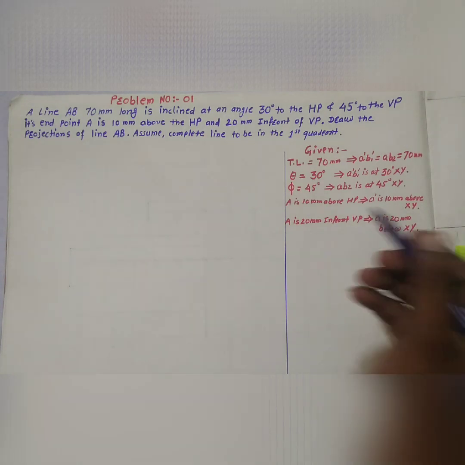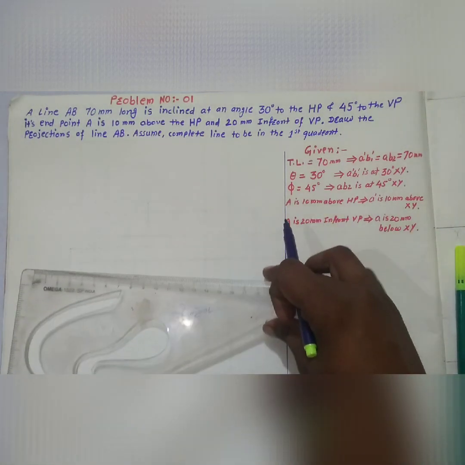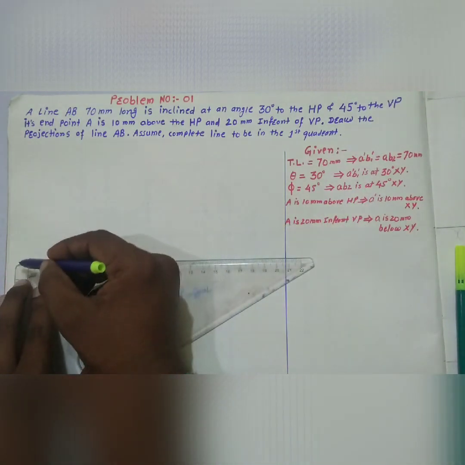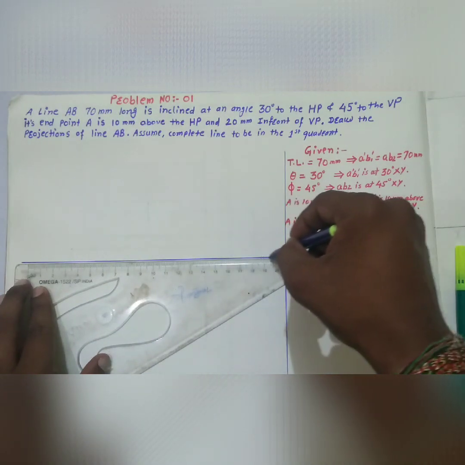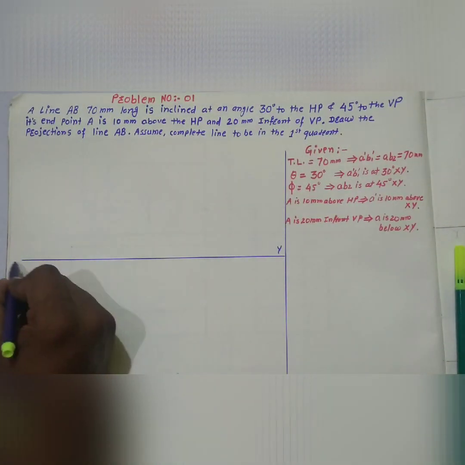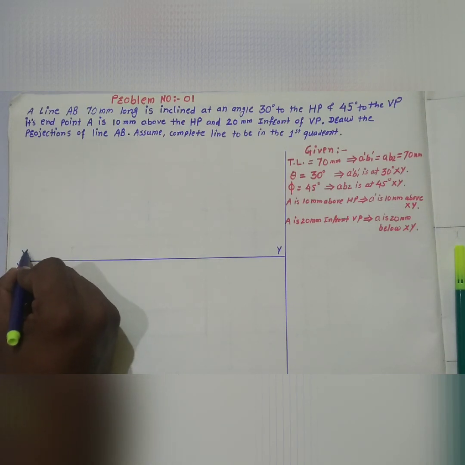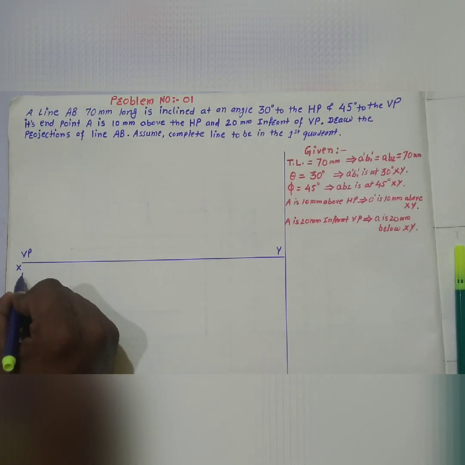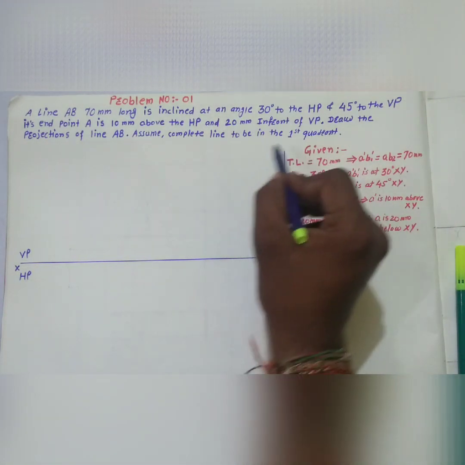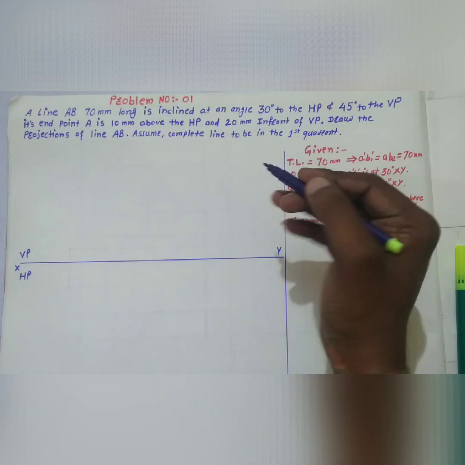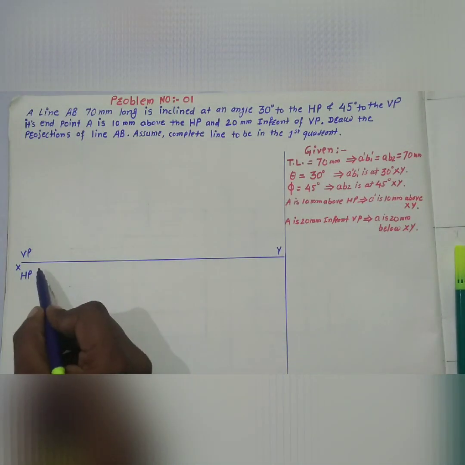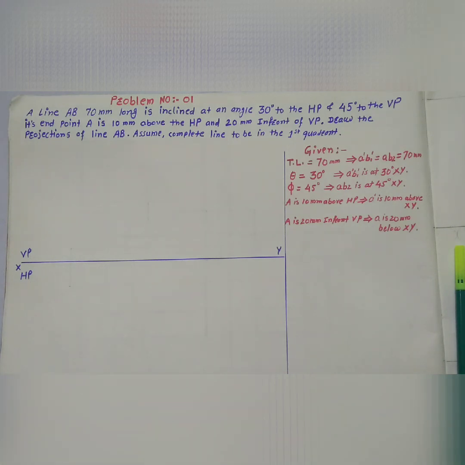First we have to draw this 10 mm distance. I am drawing my XY line first. This is Y and X. This is the vertical plane VP and HP, because we have to consider the total line in the first quadrant only, and in the first quadrant the vertical plane is above the XY line and HP is below the XY line.